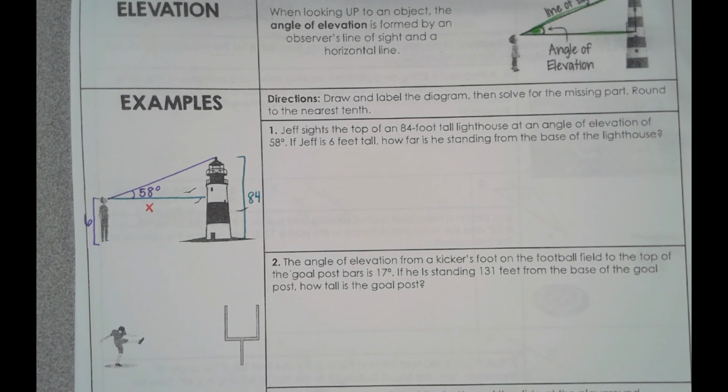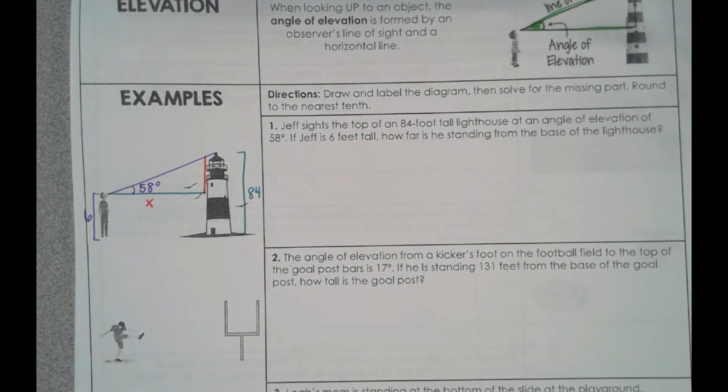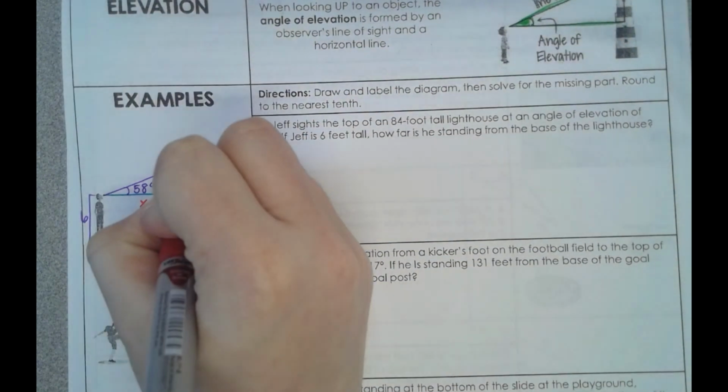Now, in trig, if we're finding one of the sides, we have to know at least an angle and another side. We can find that vertical length: we take 84 minus his height of 6, which gives us 78.